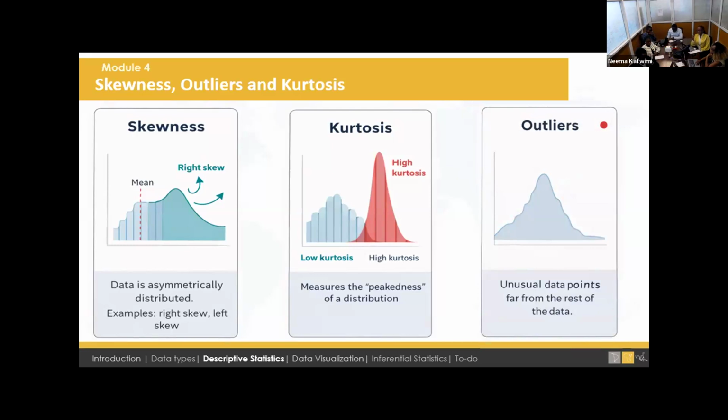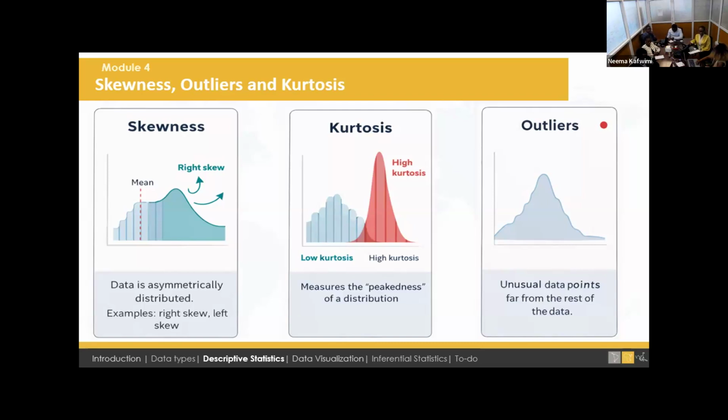You might expect the mean to be a particular value, but because of outliers, it tends to be pulled upward or sometimes lowered.